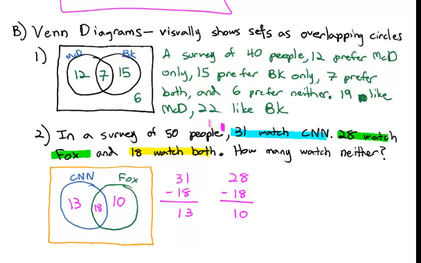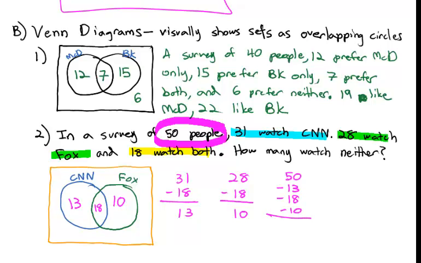But we're told the survey has 50 people total. We've got 13 just watching CNN, 10 just watching Fox, and 18 watching both. Those are all accounted for, so we'll subtract them out. Subtract 13, subtract 18, subtract 10.